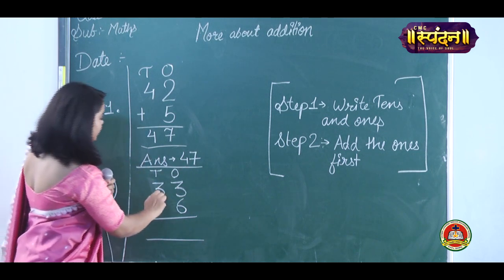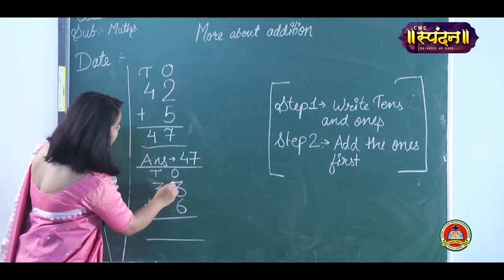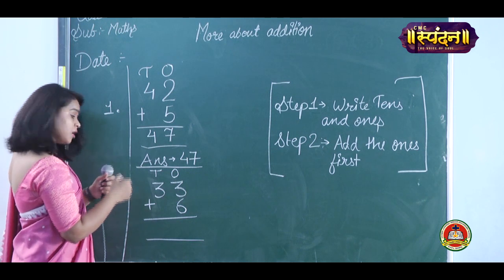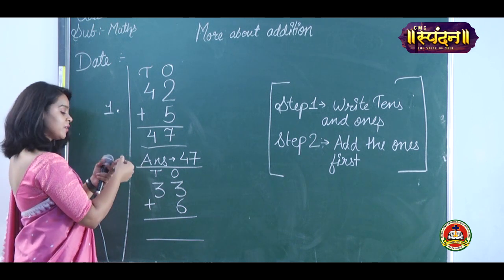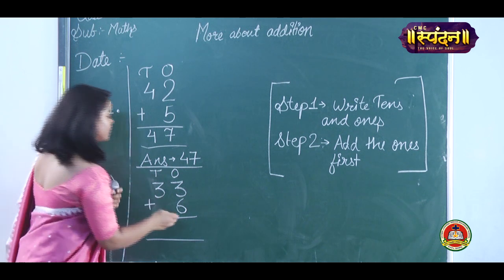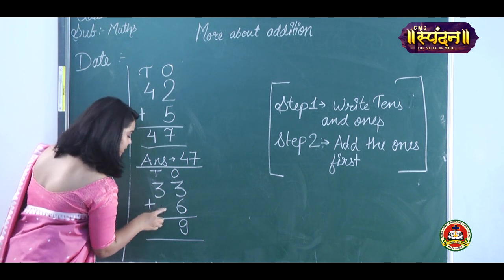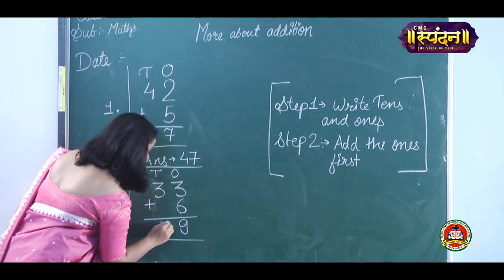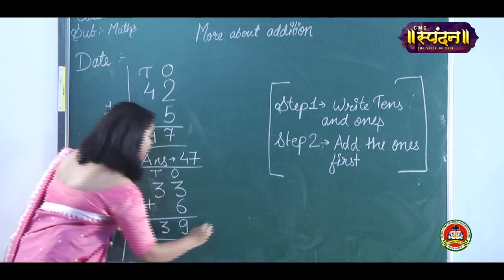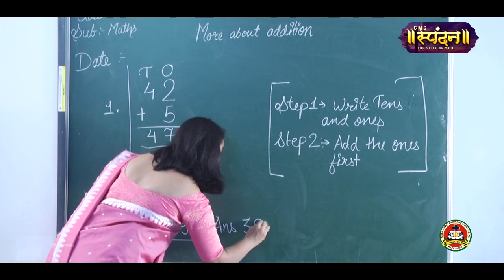Then there is 33 plus 6. So 3 plus 6. 4, 5, 6, 7, 8 and 9. So 3 plus 6 is 9. And there is nothing. So we will write 3 only. And the answer is 39.